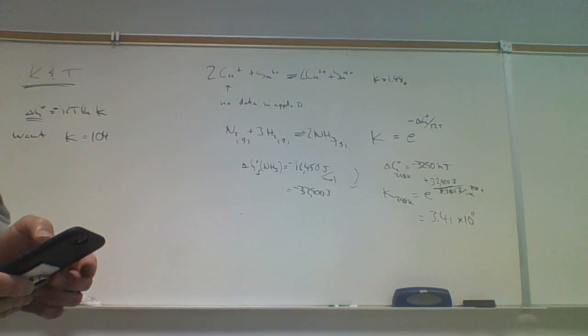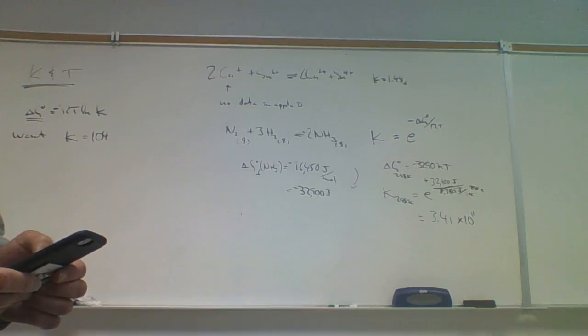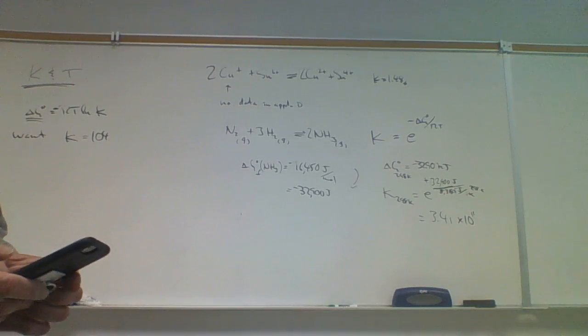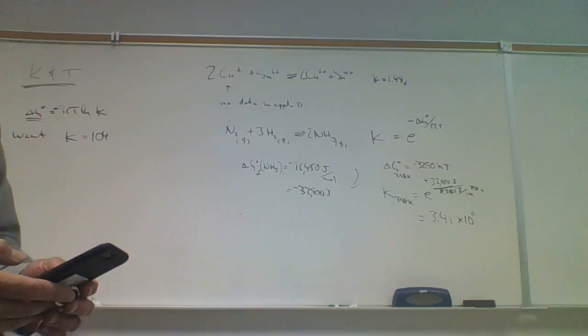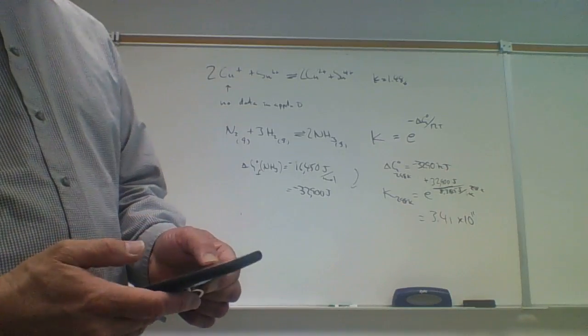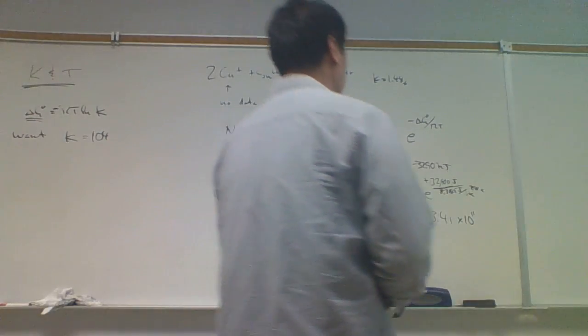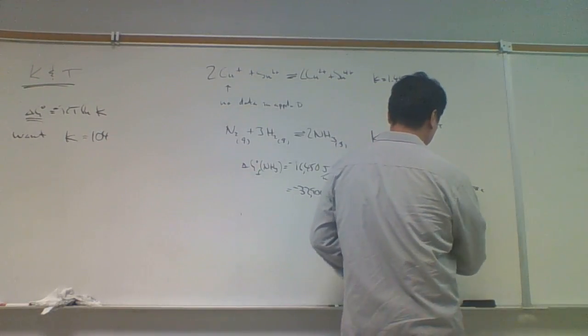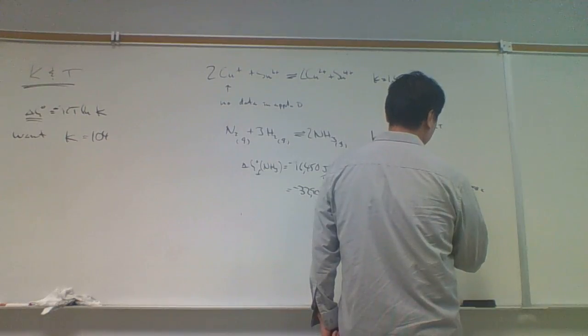And so my number is wrong here. Let me redo this calculation. 32,900 divided by 8.3145 divided by 298. 5.84 times 10 to the 5th. Okay, thanks.